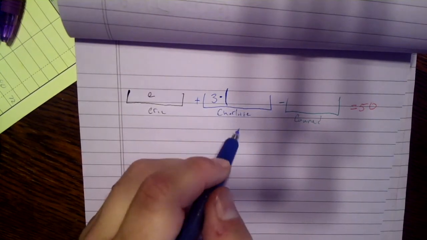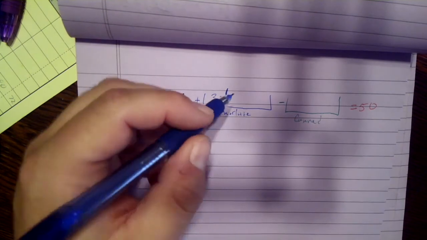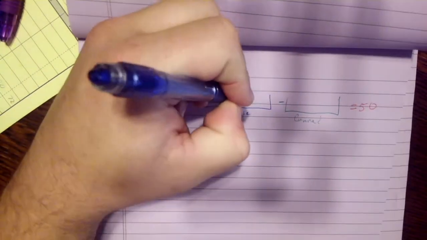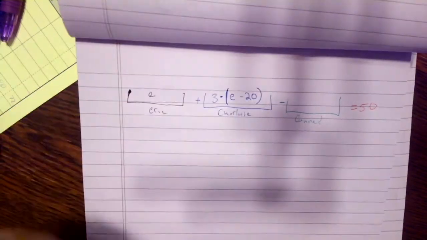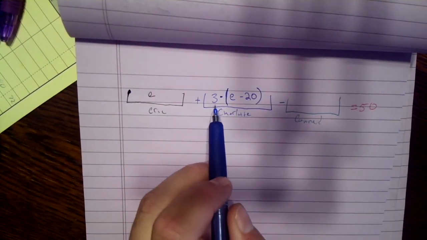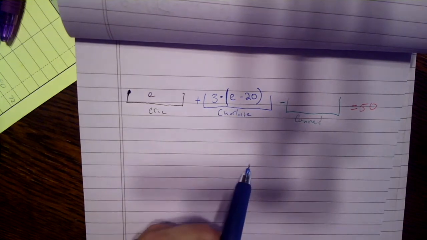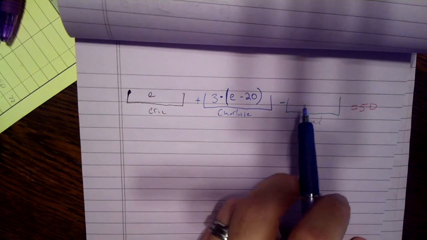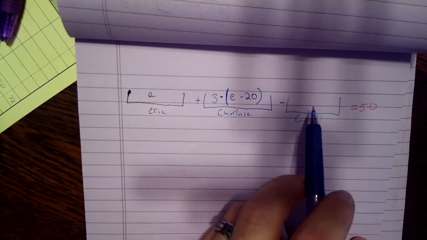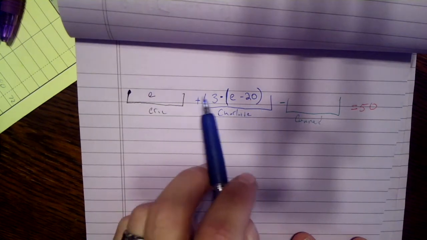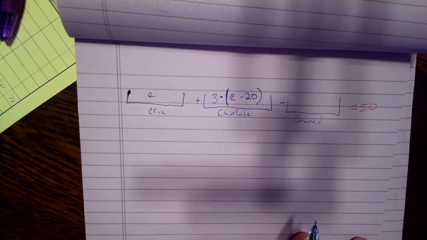Okay, we have to do that part first. So it's 3 times Eric, or E, minus 20. Okay? So there we go. So Charlotte has 3 times E minus 20. And I'm going to stop there. I'm not going to worry about the canned food part right now, because this was just a little more complicated, so I'm just going to deal with this. Once I figure out this, then I'll come back to the canned food.